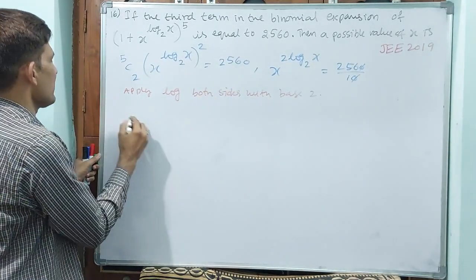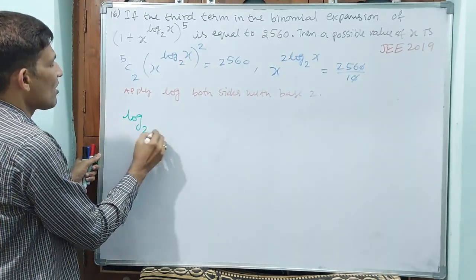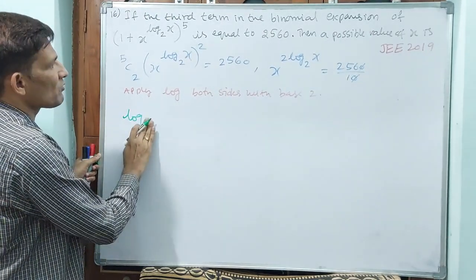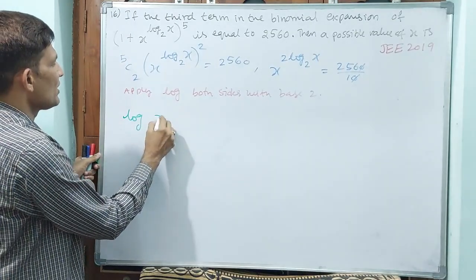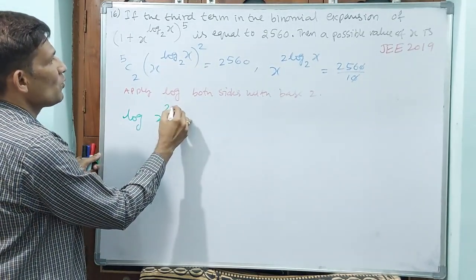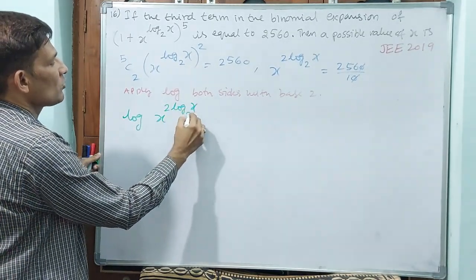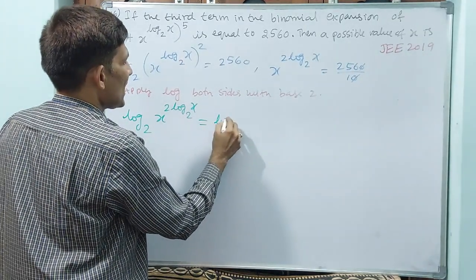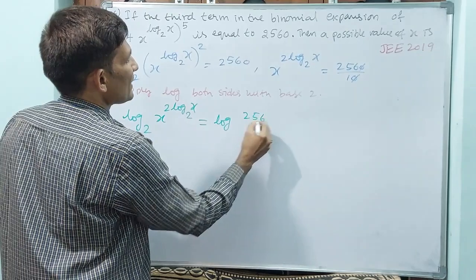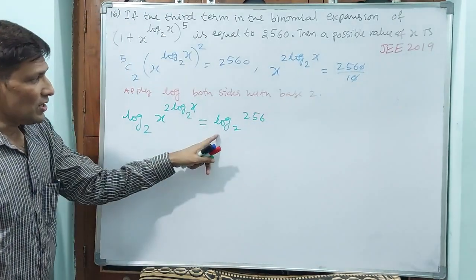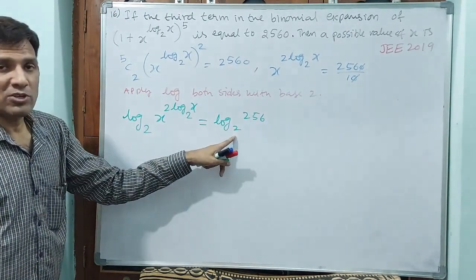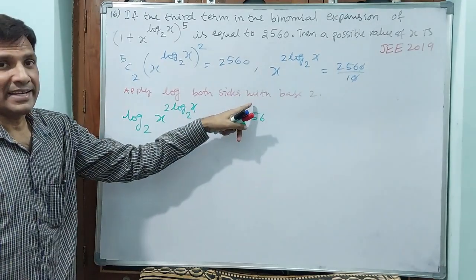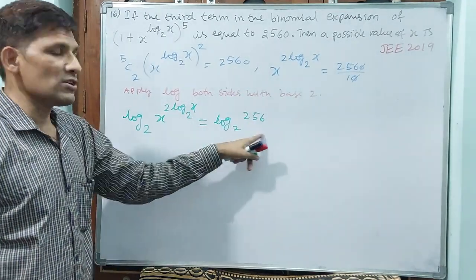Okay, see what I am writing. Log of x power 2 log x to the base 2, but here also base 2, that is equal to, here also you see log 256 to the base 2. See, log 256 base 2 you can know. Why? Because 2 power 8 is 256, that is why this value is going to become 8.